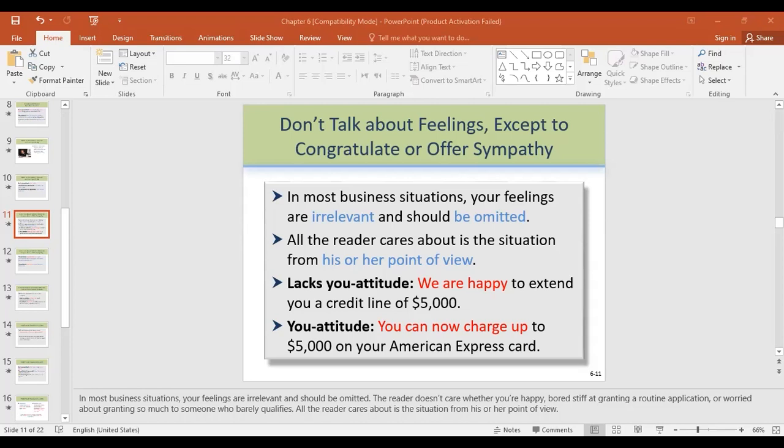Because here you can express your emotions to your readers. In these situations, you are not talking about your own feelings. Here you express your emotion, depending on the reader's situation.